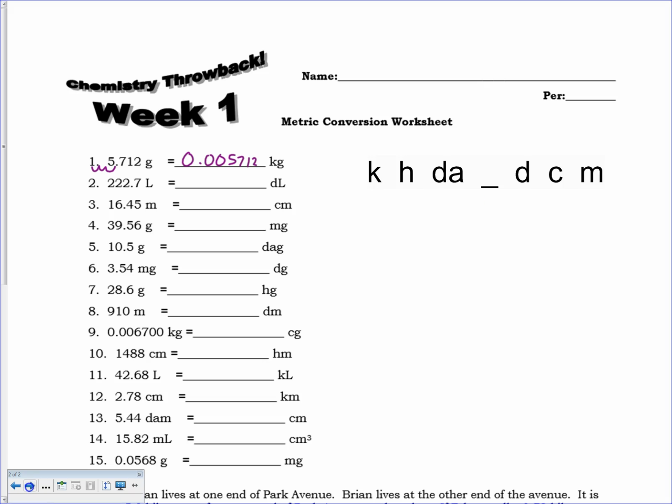Continuing on with problem number 2, in this case we're going from liters to deciliters. So again, we're going to start out with the base unit, but we're going this time just 1 spot over here to the right. So similarly, we'll take our decimal point and move it 1 spot over to the right. So in this one, we just end up with 2,227 deciliters.